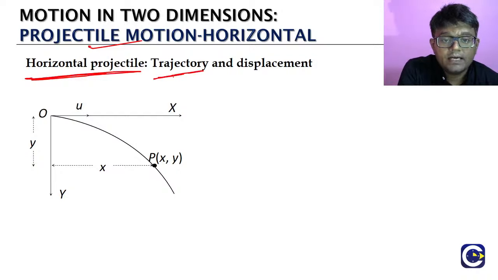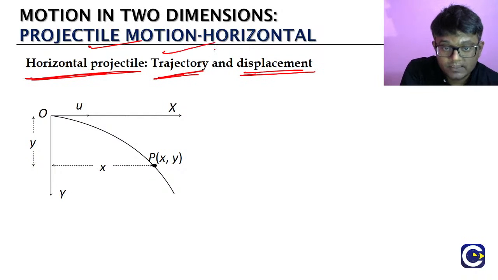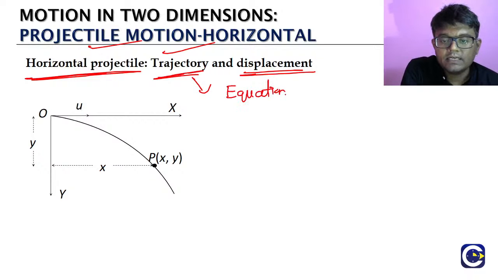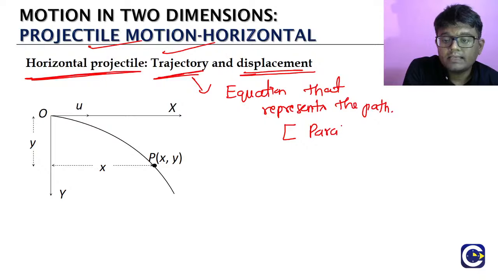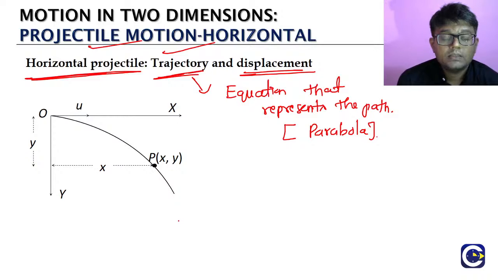First, we will talk about the displacement and the trajectory. Trajectory generally means the equation that represents the path. This is a very standard question in school level examinations. This equation we call a parabola. The trajectory of a projectile is a parabola. It is a very standard derivation.